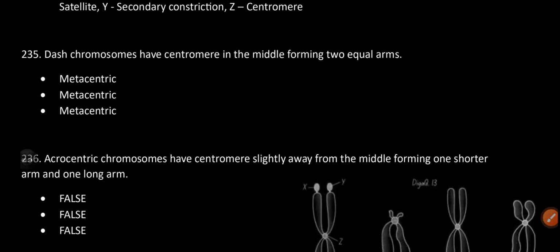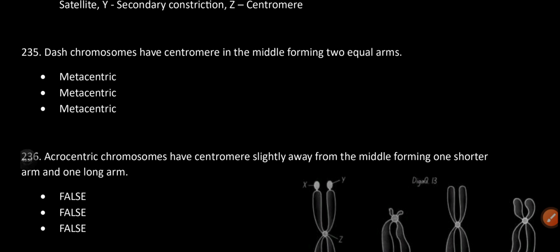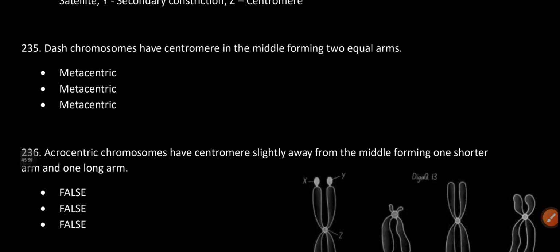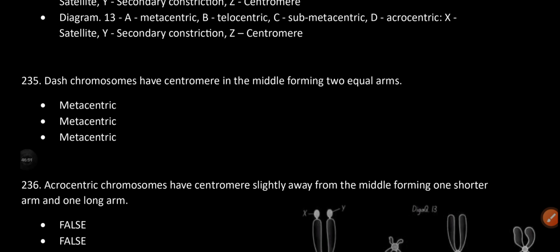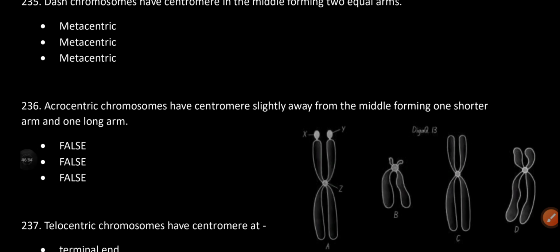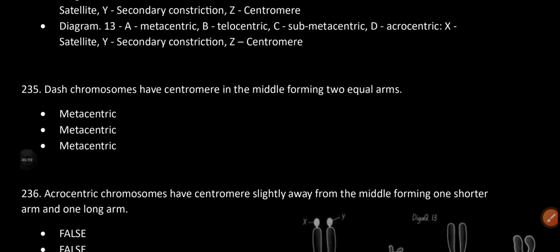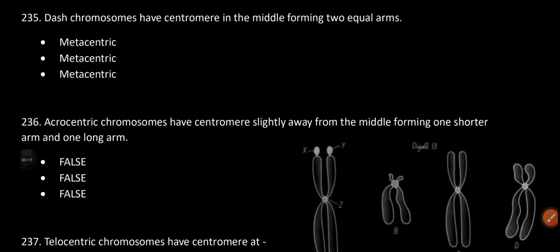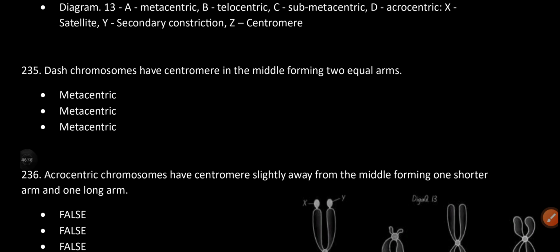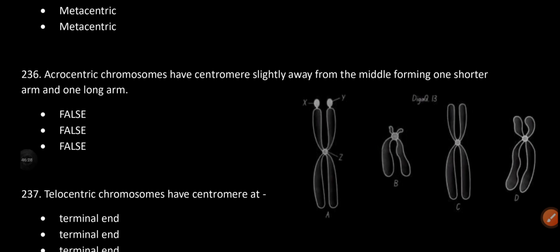X is satellite, Y secondary constriction, Z centromere.